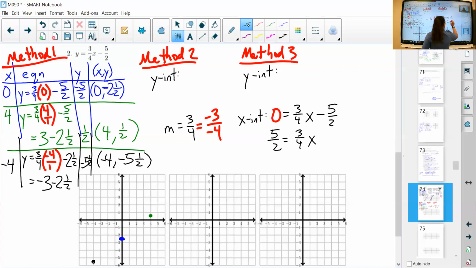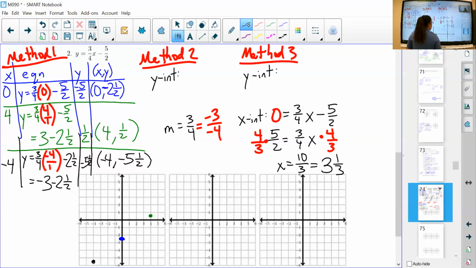So if I multiply this by 4/3, I'll get 12/12, or 1. I have to do the same thing on this side. That's okay. So now I'll split my sides. Since there's no inequality sign, I can do that without having to worry. x equals 20/6, or 10/3, which is, as a mixed number, 3⅓.